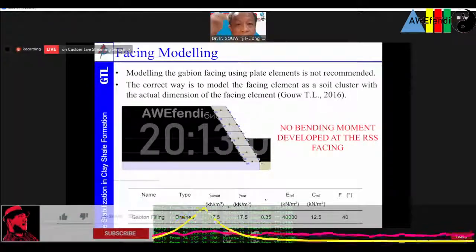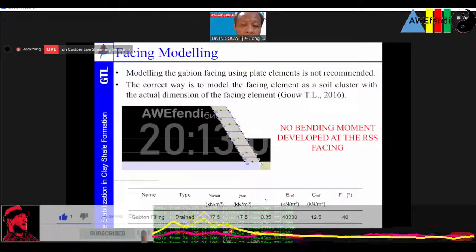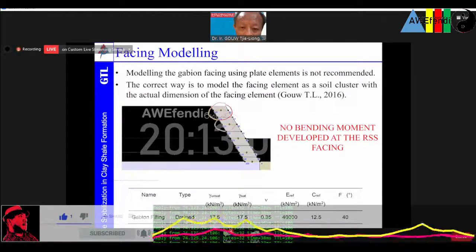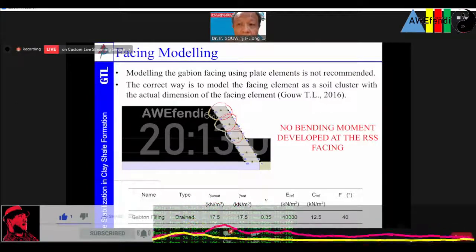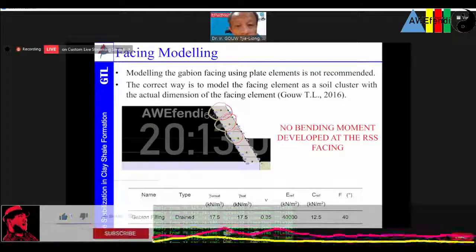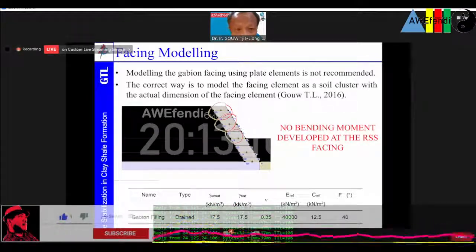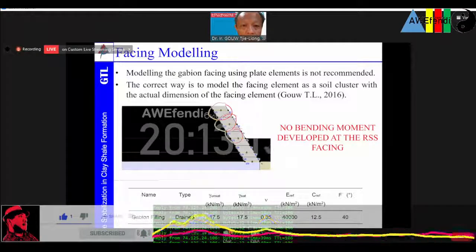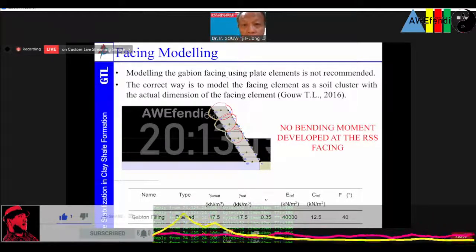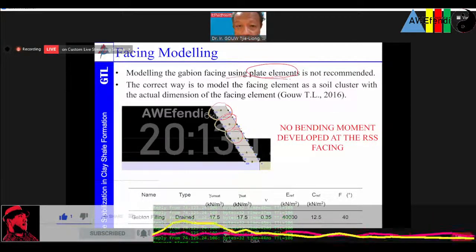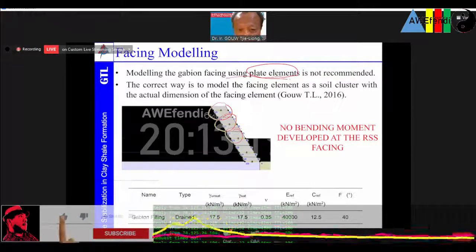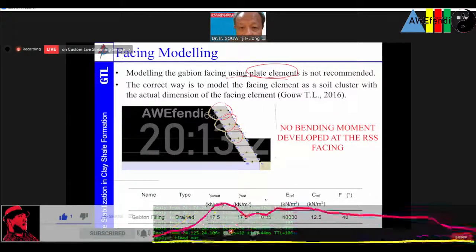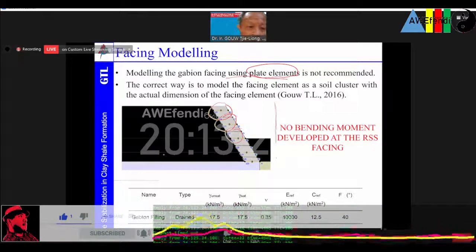Modeling the gabion facing. How do we model the gabion facing over here? We model it by using a soil cluster. We don't use a plate element because a plate element is normally used if we have a vertical wall.